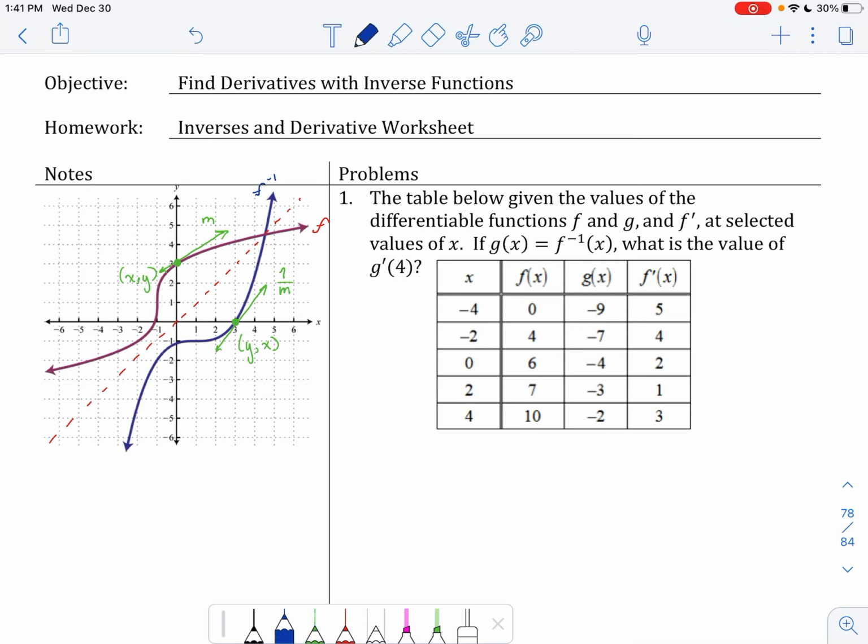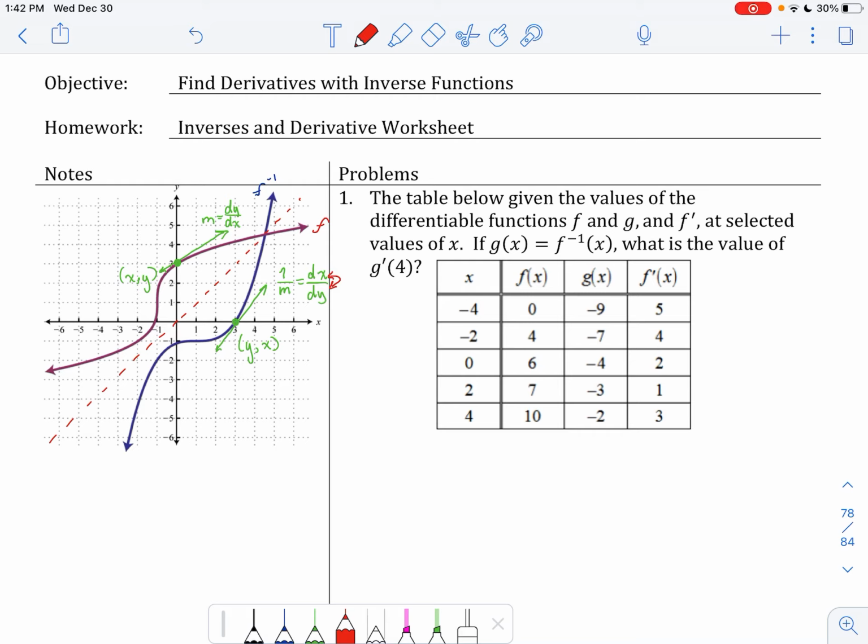So the way that I remember that is that if the slope here is rise over run, dy dx, then the slope of the reflected point is dx dy. Just like you would if it was an actual function, you're just changing the place of the x and y values in the inverse.